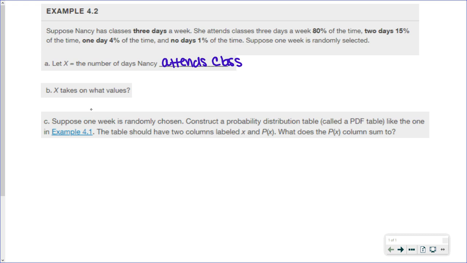If we're going to put it in words, X is the number of days. And more specifically, we know that it's 3, 2, 1, and 0.